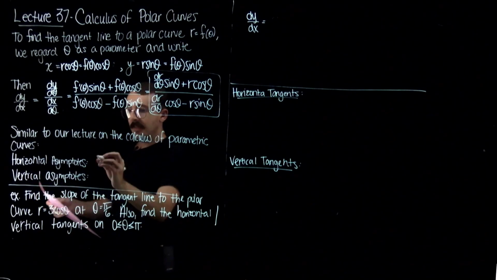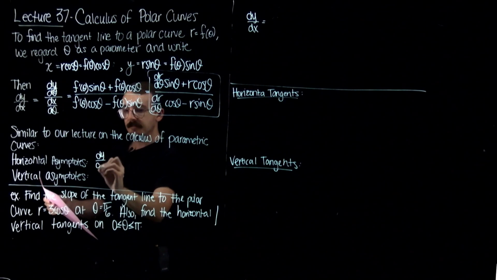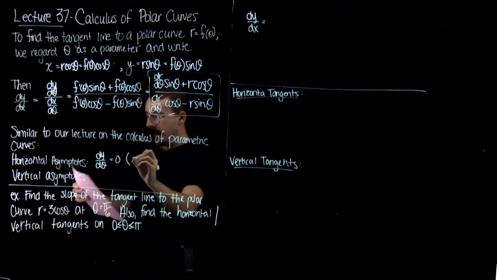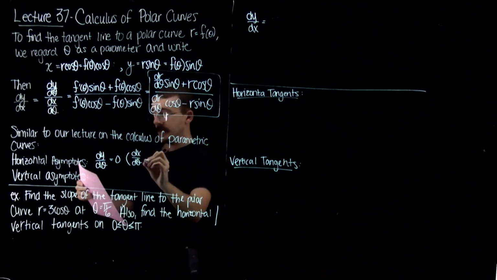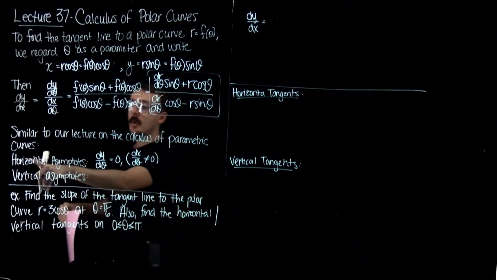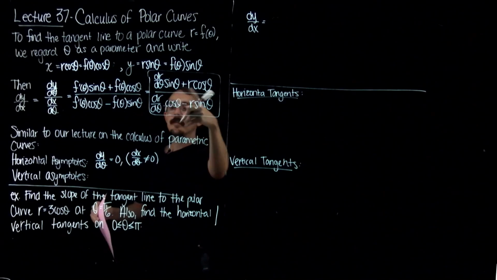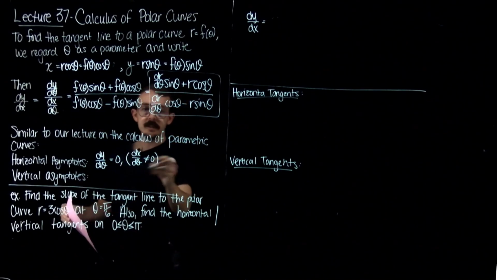So what we need is dy d theta to be 0, provided we can't have dx d theta be 0 at the same time, because that would be undefined. So to find the horizontal tangents, you set this numerator, dy d theta, equal to 0, because that's where the slope is 0.